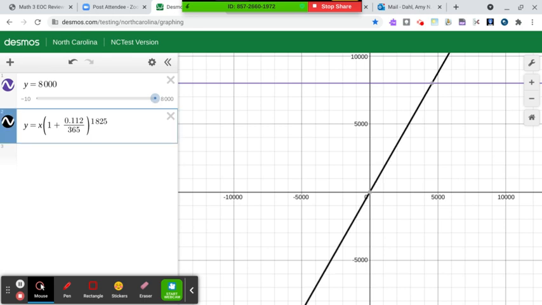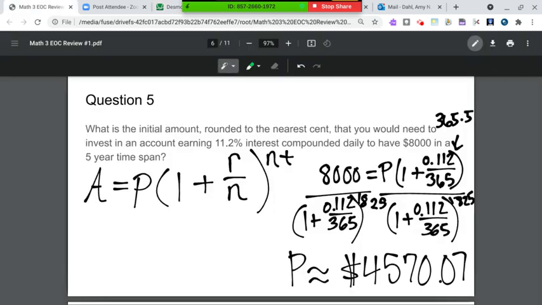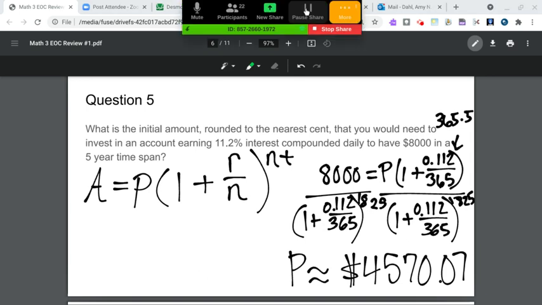Watch what happens at the intersection. What do you get? 4,570.07. So that's just another way if you do not feel comfortable doing this division way. Put the left-hand side in, right-hand side in, find the intersection. Okay, let me check chat real quick.